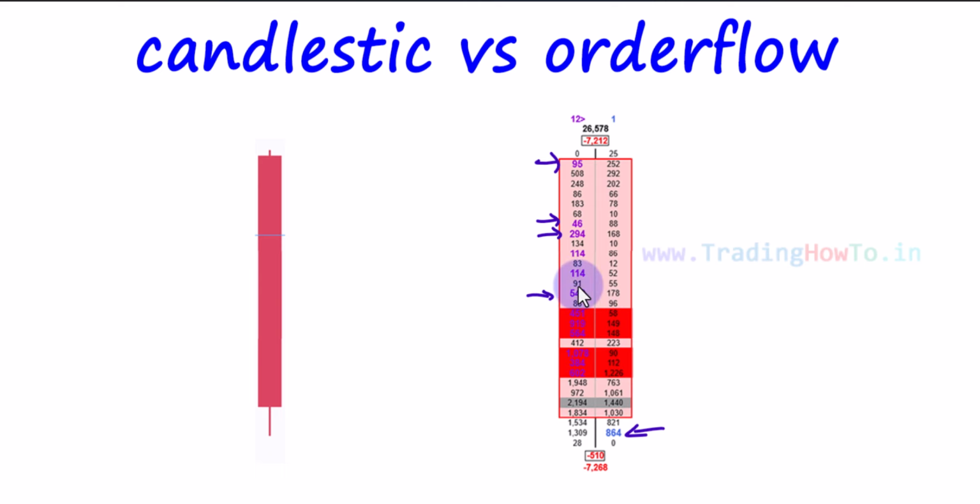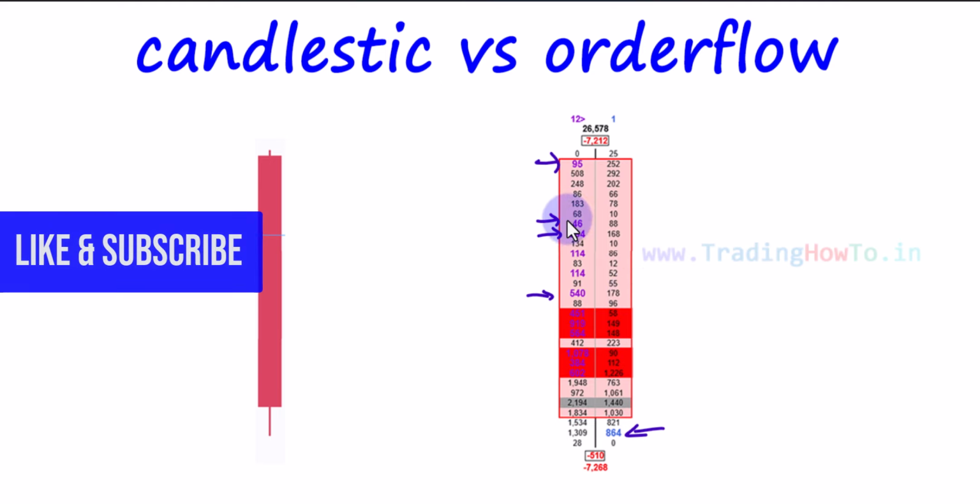I have set up this software to display certain values like this, and these are called imbalances. Imbalances represent how aggressively buying or selling happened. I have set up the order flow software for this candle so that when buy or sell is 3 times the opposite side, the numbers are displayed like this.